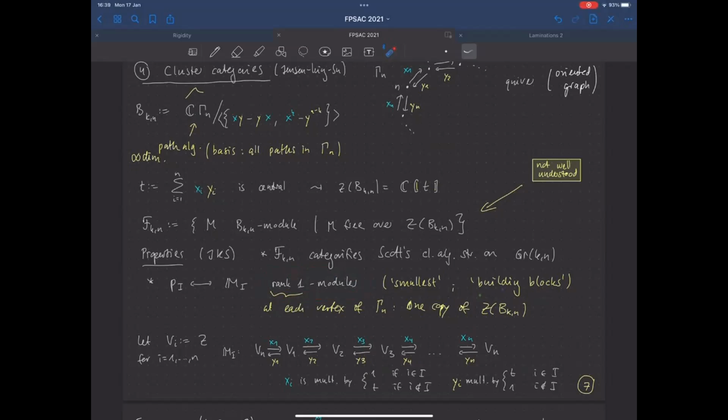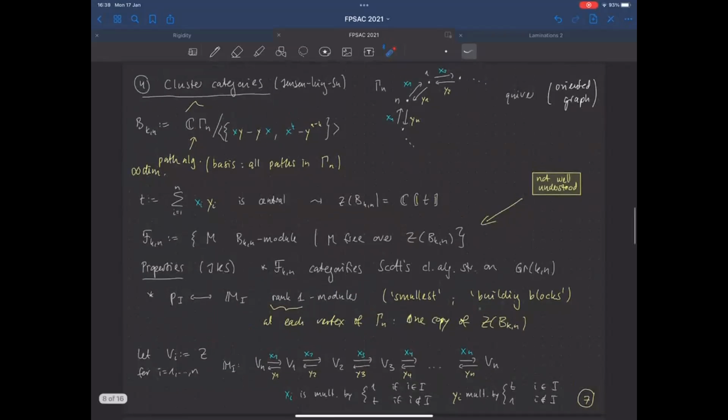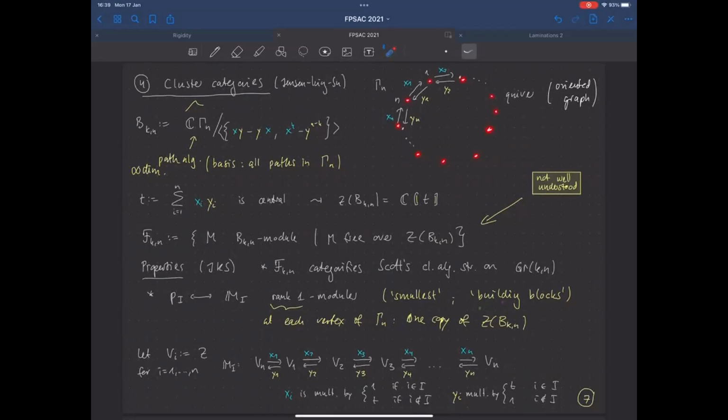If you're familiar with algebras and modules, for algebras, or rings, you usually have simple modules. We don't have them here. So these are really the smallest ones. To illustrate how such a module looks, I call it MI in line with the Plücker coordinates. At each of the vertices of my quiver gamma n, I can give such a module as a collection of vector spaces for the vertices in the graph.